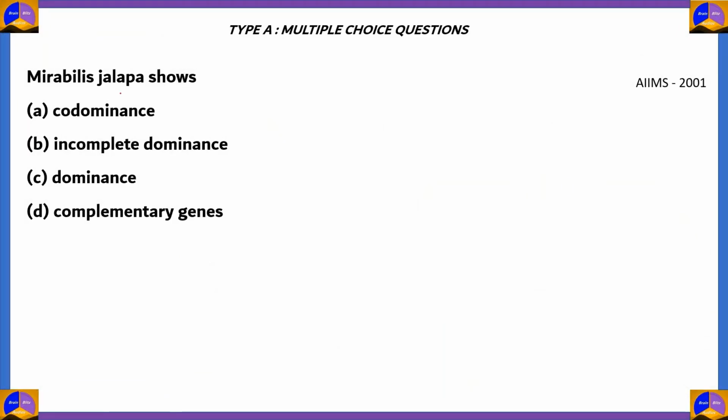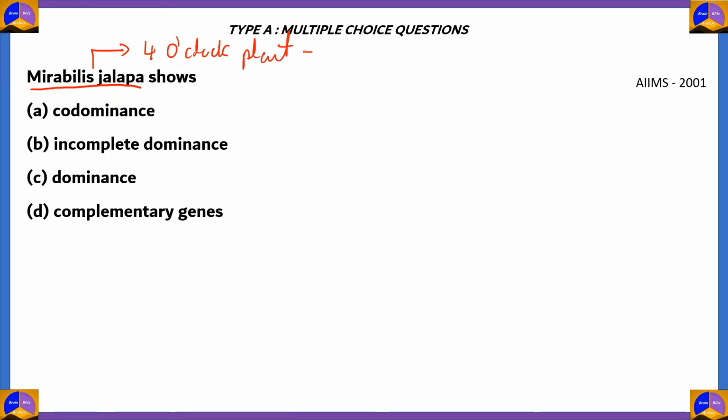Next question. Mirabilis jalapa shows A. Codominance, B. Incomplete dominance, C. Dominance, and D. Complementary genes. Now, the Mirabilis jalapa is more commonly known as the 4 o'clock plant.